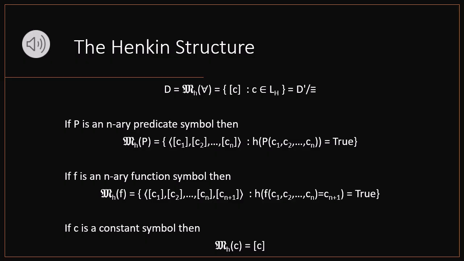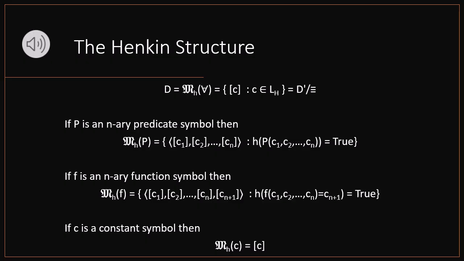Okay, so if P is an n-ary predicate, then we let the interpretation of that predicate be the collection of n-tuples of equivalence classes of constants C1 through Cn, such that the truth assignment marks P of C1 through Cn, which is the well-formed formula P with those constants C1 through Cn plugged in, as true by the truth assignment that we started with at the very beginning of the proof.